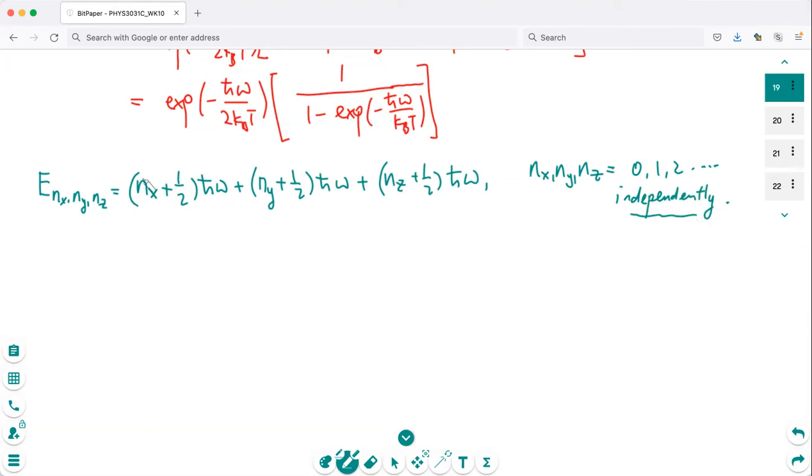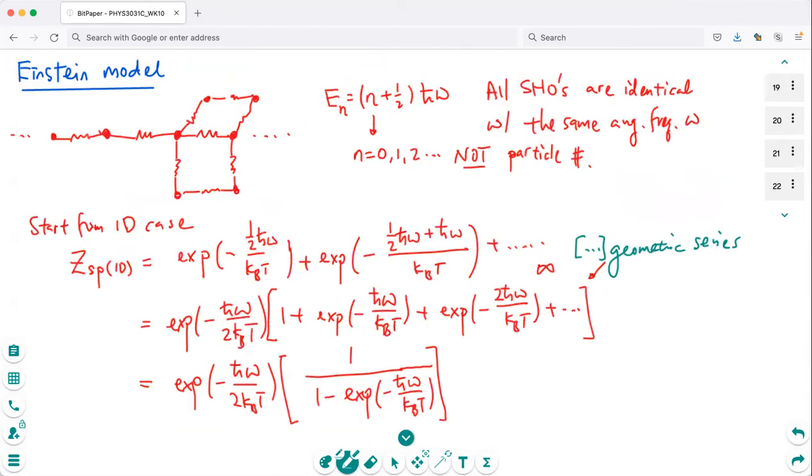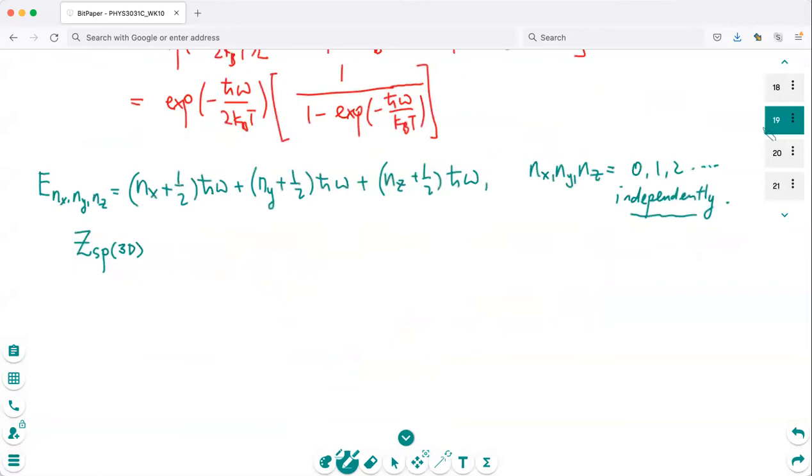Okay, so in this case, what is the partition function in 3D, if I now assume this energy spectrum? In the past, for the previous slide, this was really for the 1D case. So I write this down, and now I write down something longer for the three-dimensional case.